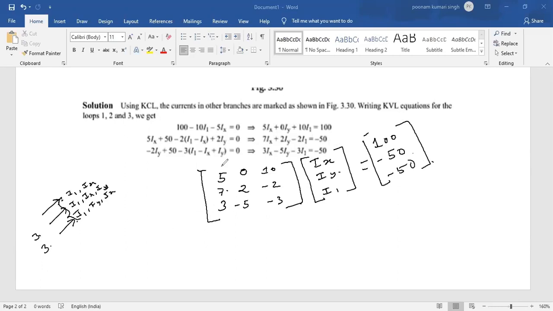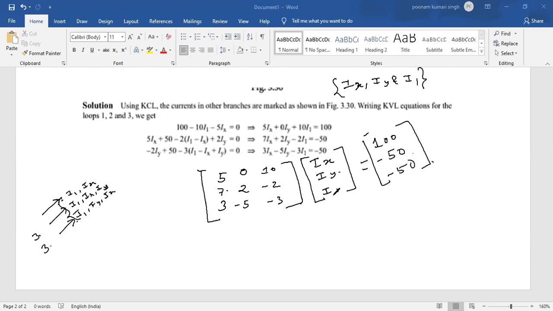So you wrote the KVL equations and got equations in terms of Ix, Iy and I1, and now you are taking them in terms of a matrix. Now if you have a scientific calculator and put in these values, you can get directly the values of Ix, Iy and I1.